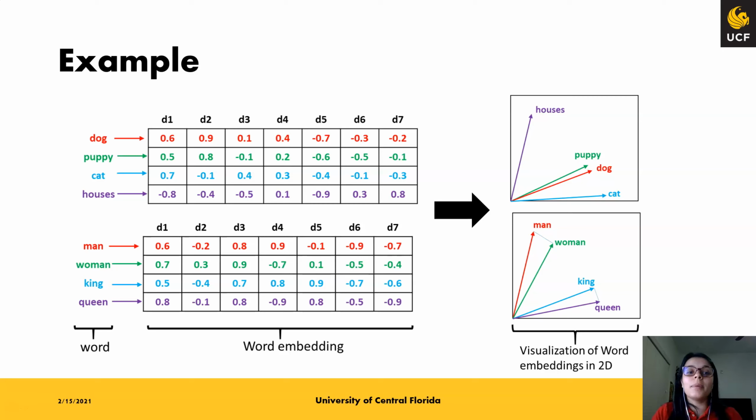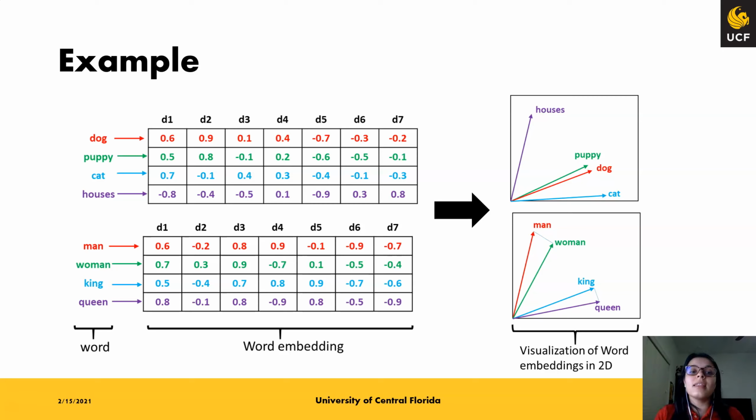We know that dog, puppy, and cat have some correlation among them, but the computer doesn't know. So we have to train the computer to understand the correlation, and it is able to do it by checking the context that those words occur. And we can see in dimension 1 that dog, puppy, and cat have similar values, and houses have another value that is a negative value, and it's not correlated to the other values.